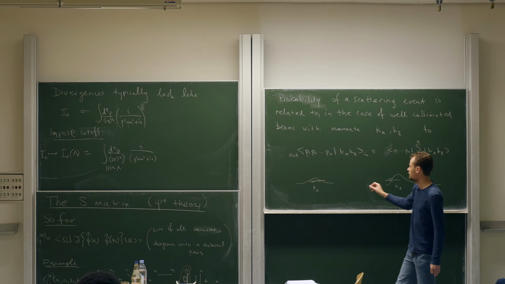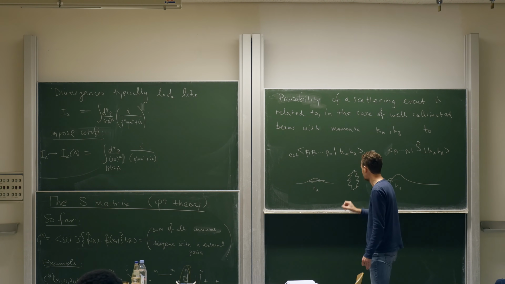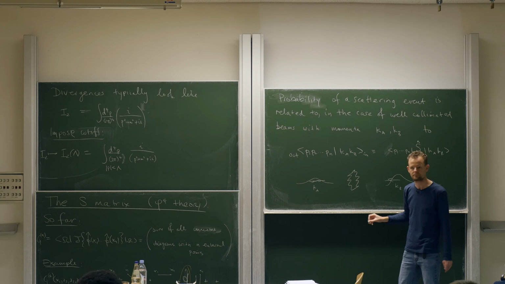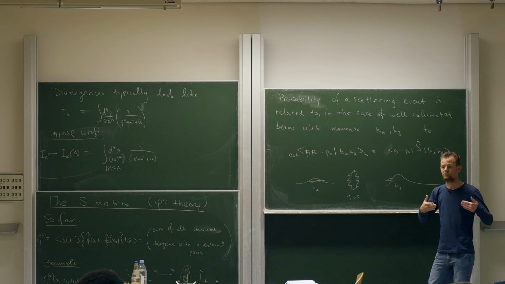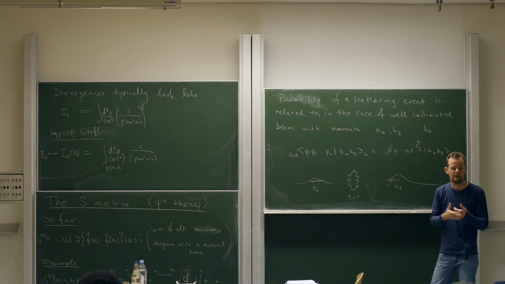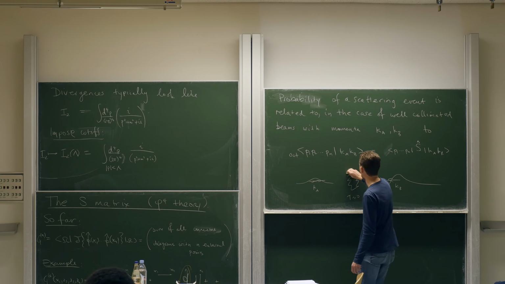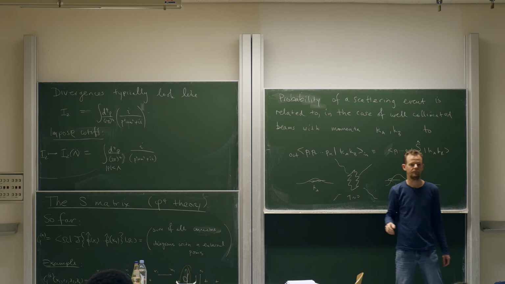Then for a short intermediate time around time zero, there's a scattering event where these two beams of particles collide, and then there is debris flying off in various directions.